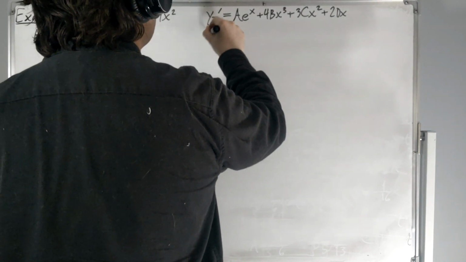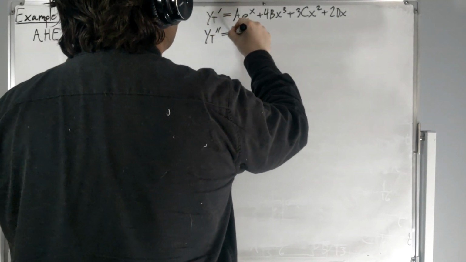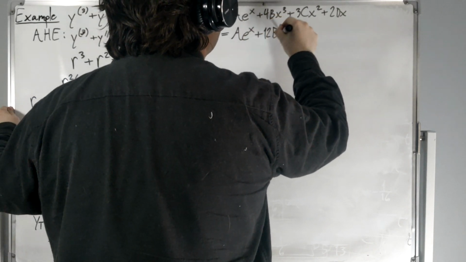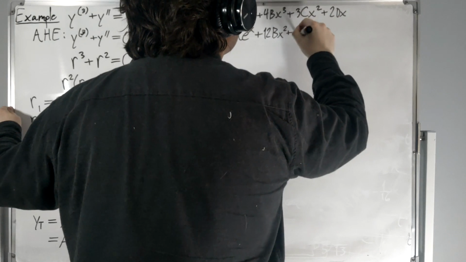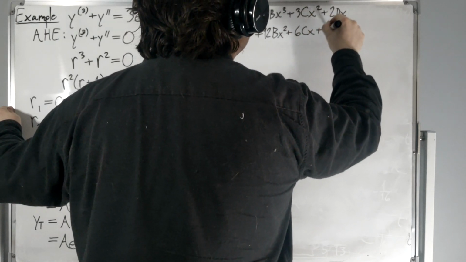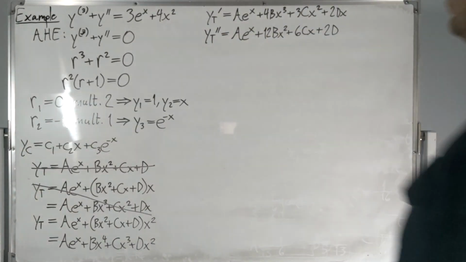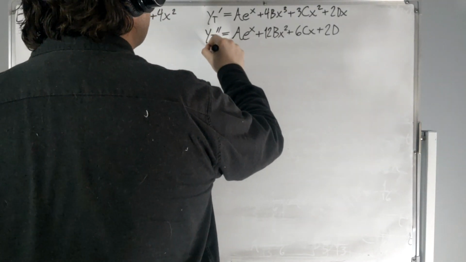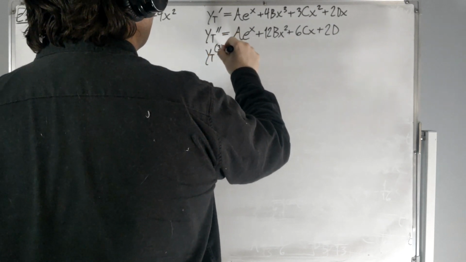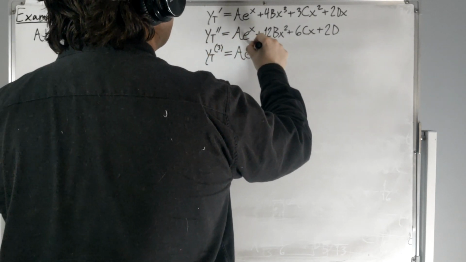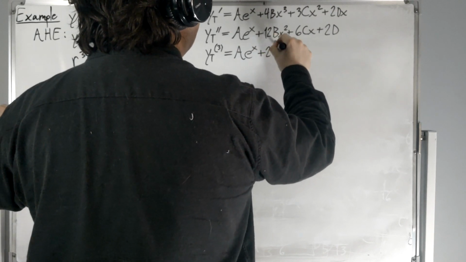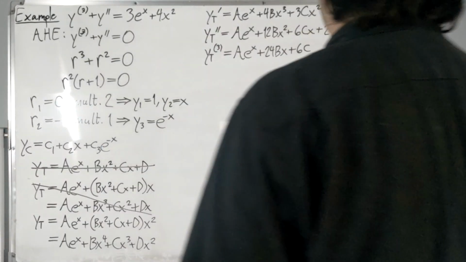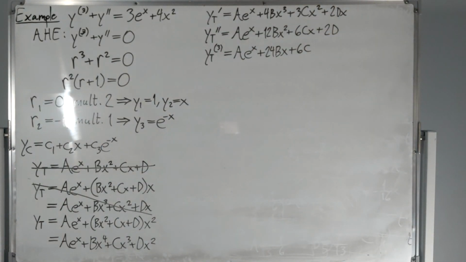Second derivative is going to be ae to the x plus 12b x squared plus 6cx plus 2d. Third derivative is going to be ae to the x plus 24b x plus 6c. And then the derivative of 2d is just 0.